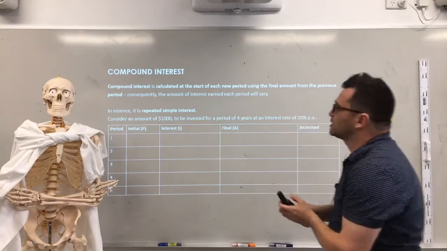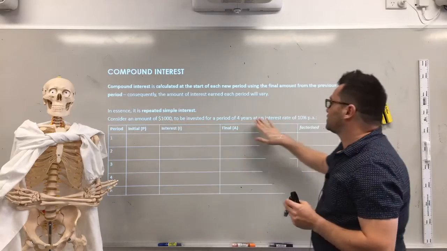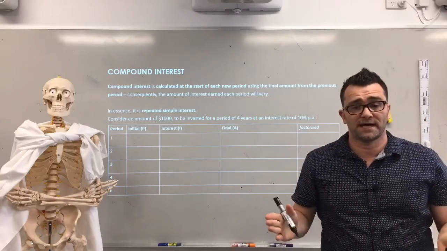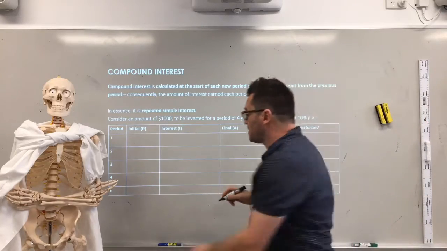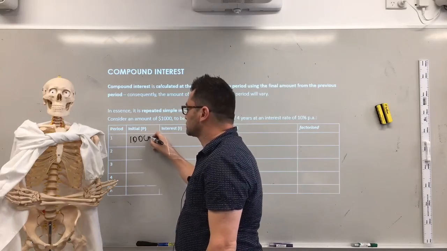We'll see what happens. So in our example, we're going to look at $1,000 being invested over 4 years at an interest rate of 10% per annum compounding. So our initial amount of our investment is $1,000.